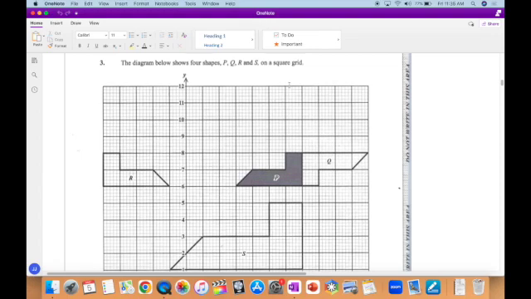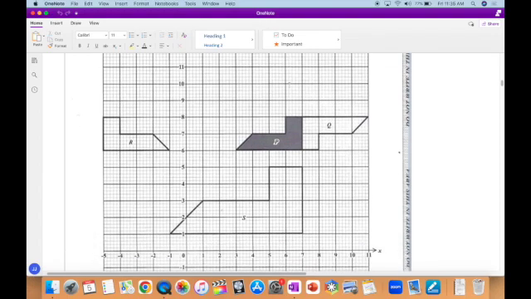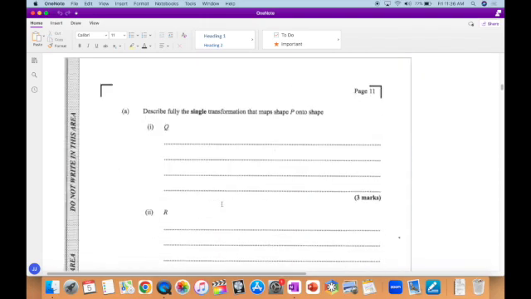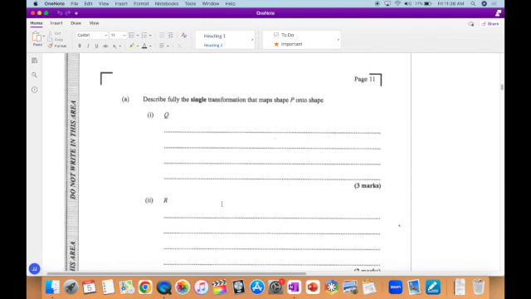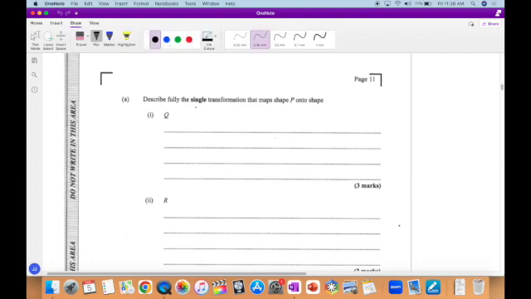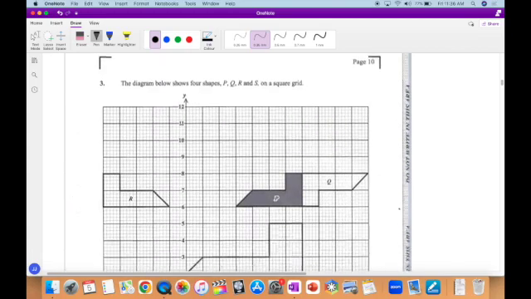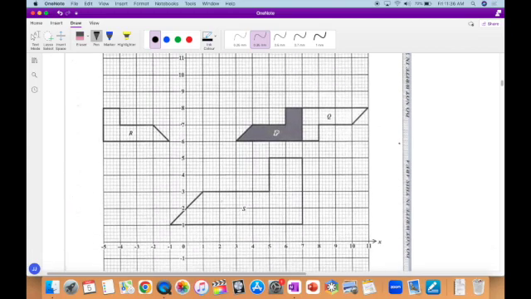Alright, so number 3. The diagram below shows 4 shapes P, Q, R, and S on a square grid. Well, we can see a Cartesian plane with the X and Y axis. We see P, Q, R, S there. Describe fully the single transformation, you notice this is a single transformation, that maps the shape P onto the shape Q. So this is P and this is Q. It's not really a reflection, nor is it a translation.